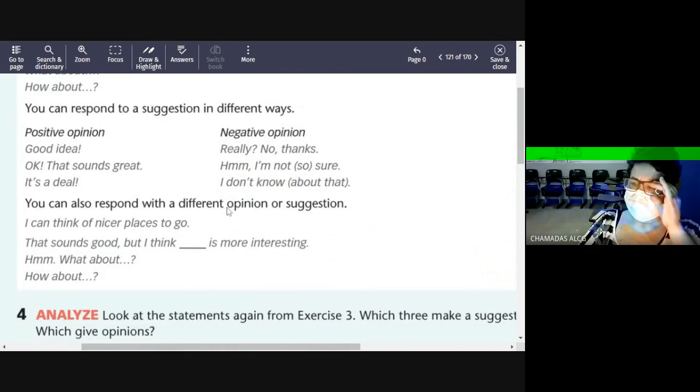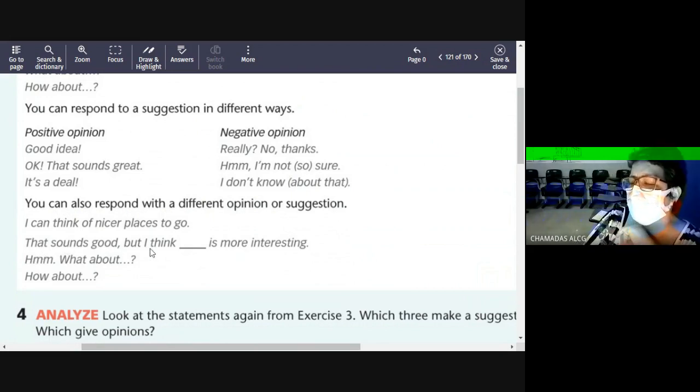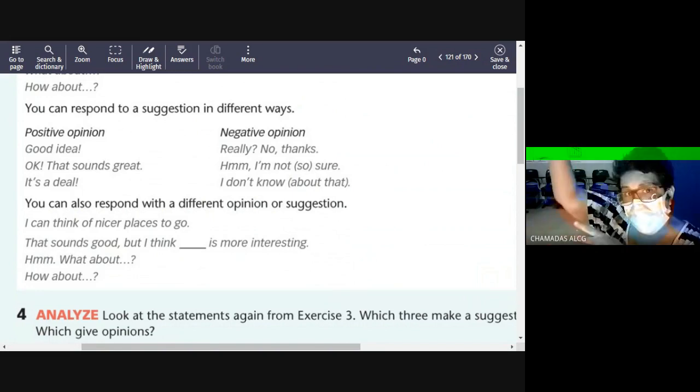Okay? You can also respond with a different opinion or suggestion. Example, I can think of nicer places to go. Or you can say, yeah, that sounds good, but I think the Grand Canyon is more interesting.